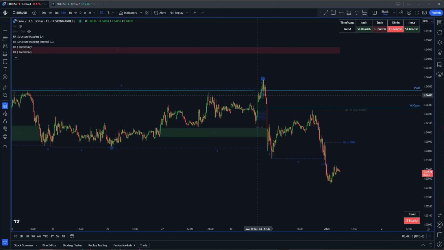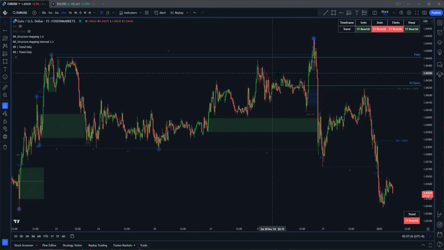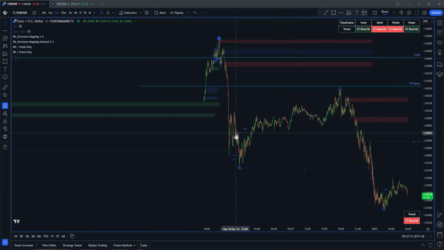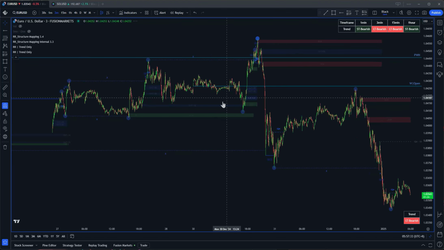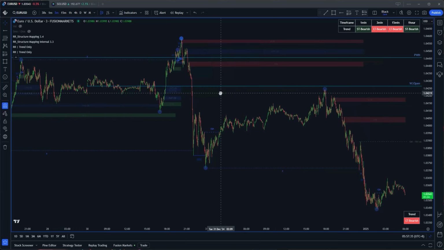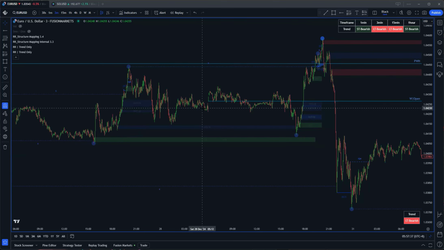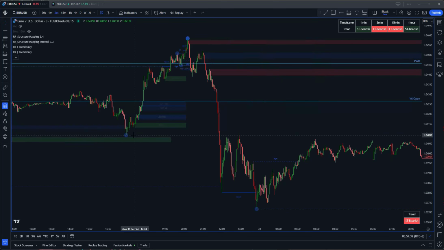If the 3-minute time frame strong low is taken out, maybe we can expect that this level is rejecting. And now we check the 3-minute time frame. On the 3-minute time frame, you see this is a weekly open and this is a low, high, low and high. So this is the strong low on the 3-minute time frame.